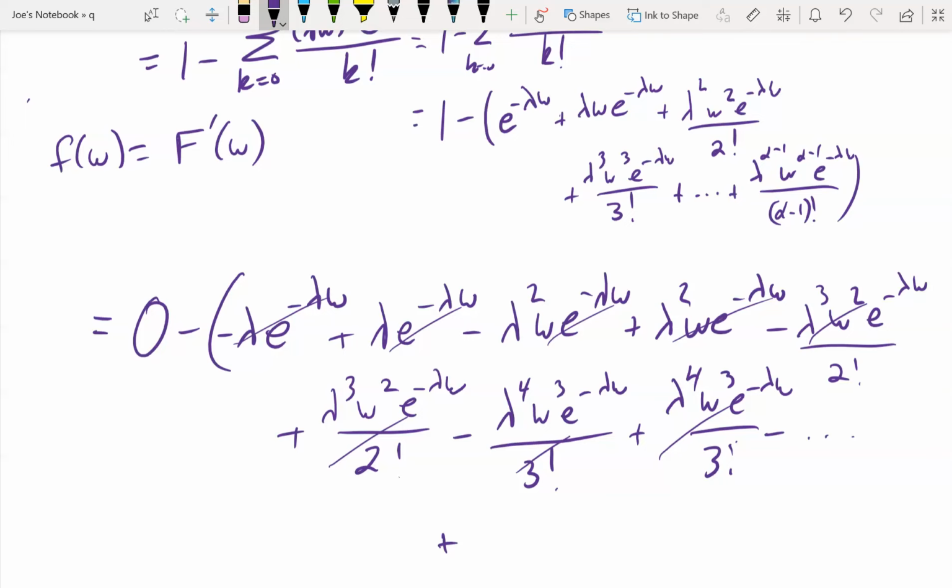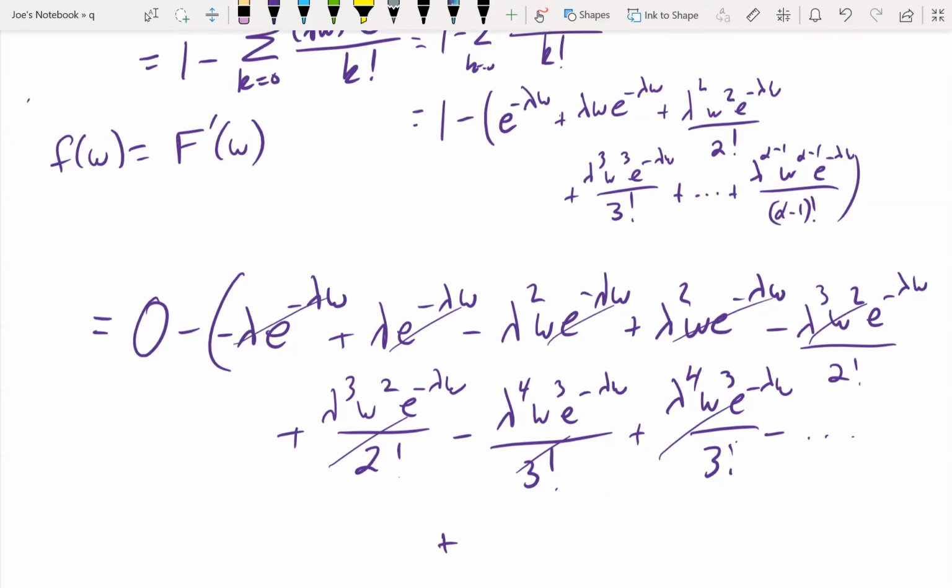When we differentiated the w, it canceled with the e to the minus lambda w in the previous one, right? When we took the derivative of the w squared, it canceled with the w term. When we took the derivative of the w cubed, it canceled with the w squared term, right? So the only thing that survives is the very, very last term when you take the derivative of the e to the minus lambda w.